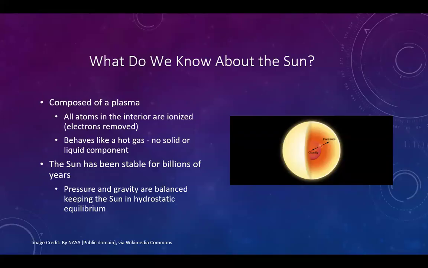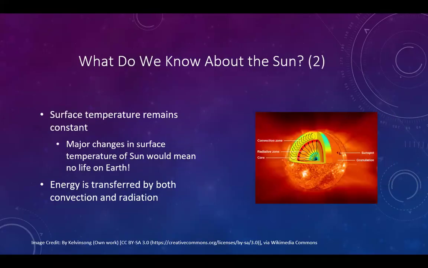The sun has been stable for billions of years, so pressure and gravity have to be balanced, keeping the sun in hydrostatic equilibrium. And we also know the surface temperature remains more or less constant, because major changes to the surface temperature of the sun would have killed all life on Earth.